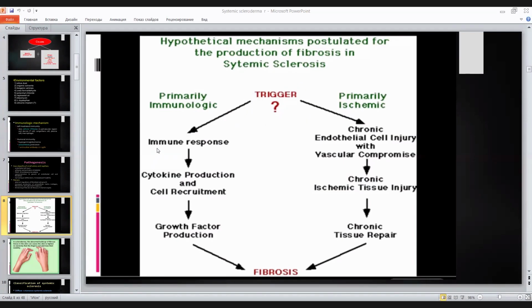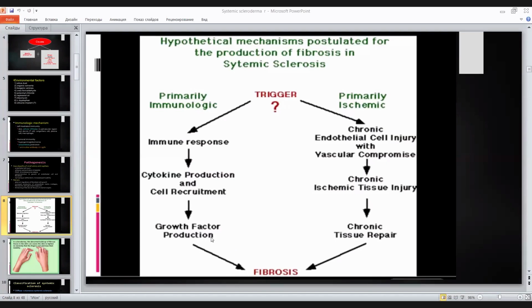After this, the cells responsible for the immune system activate inflammatory cells, cytokines, macrophages, interleukins, and due to this activation, there will be production of growth factors, which leads to fibrosis.